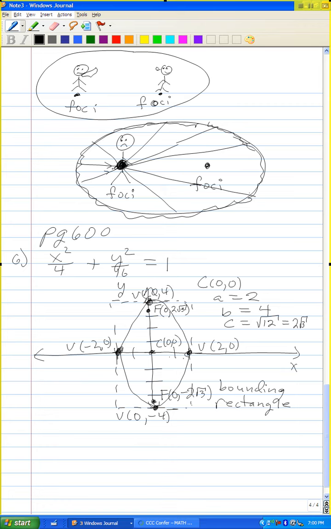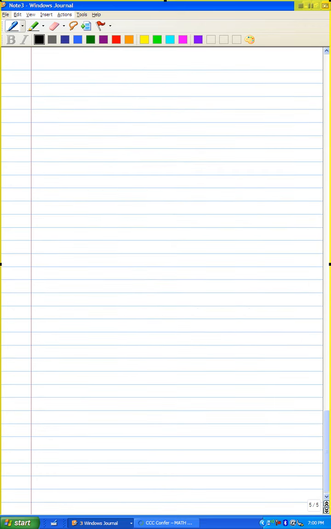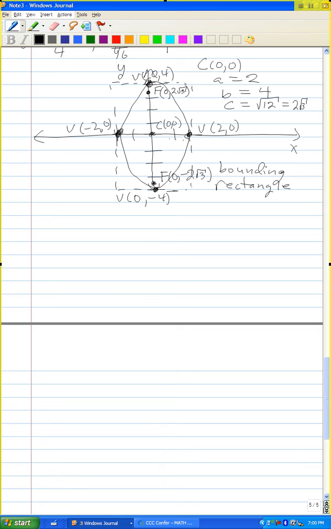Let me do problem number 12. 2x squared plus 9y squared is 18. Divide both sides of my equation by 18.